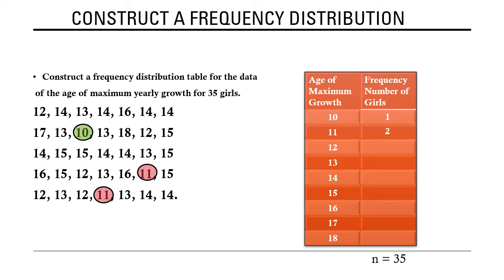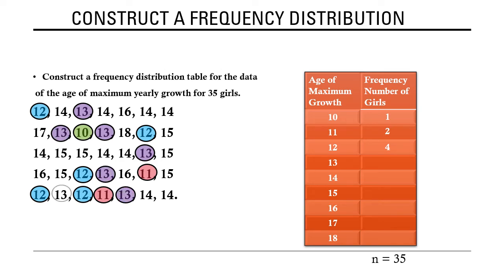How many 12s do we have? So the frequency of 12 will be 4. How many 13s do we have? So the frequency of 13 is 7.